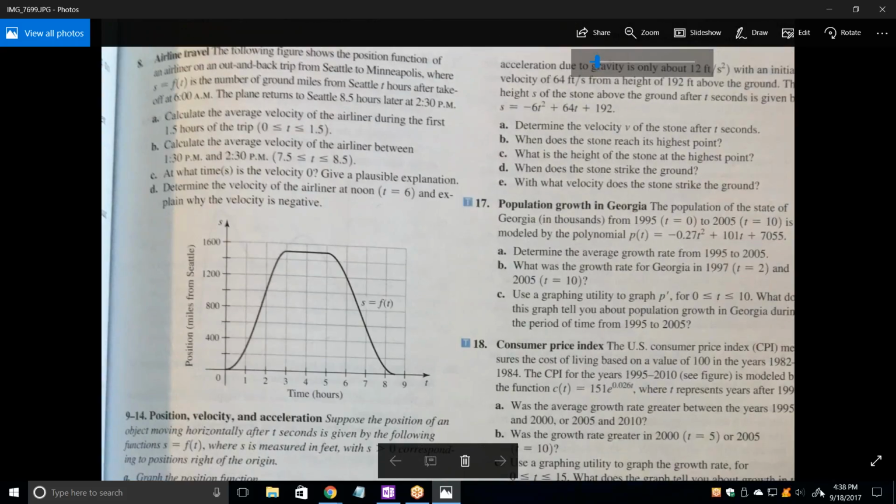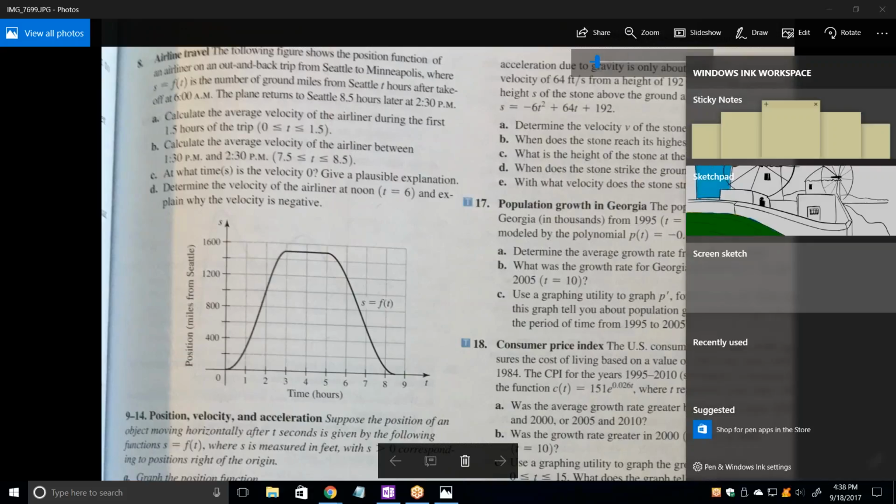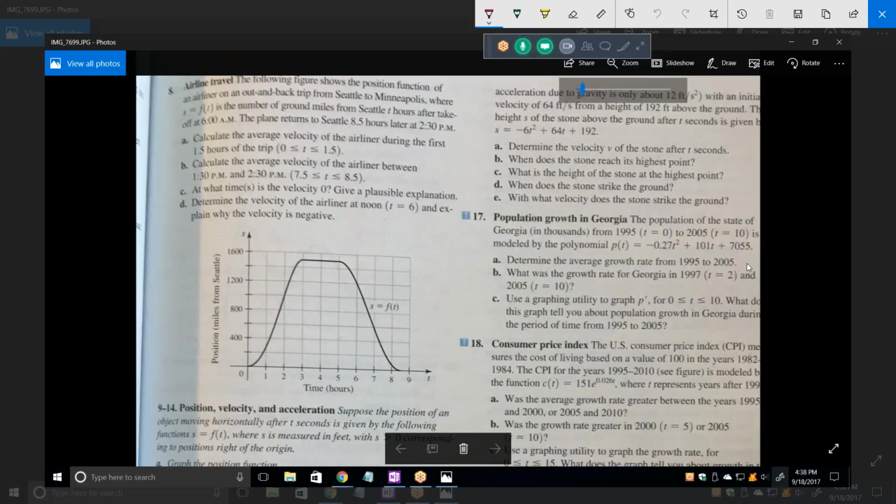So on number 8, let's answer the questions. Now notice that Seattle to Minneapolis, ooh, that might be a horizontal line. Yeah, that might be going like that.